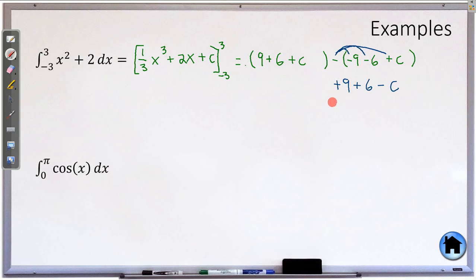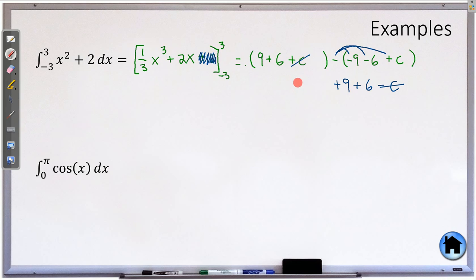And right now, can we just see that we have a positive constant, and then we have the same constant but negative, and so that will go away. That always happens. You'll always have a c in the first one, and you'll always have a c in the second one. So you never need the plus c when you're doing a definite integral. They will always cancel out.